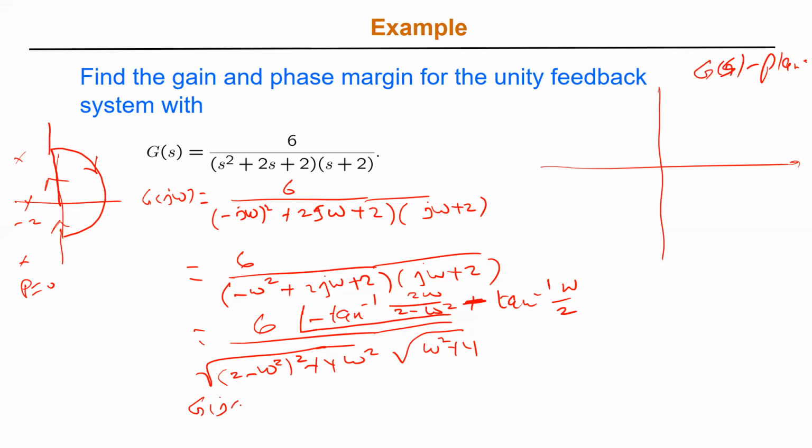We use 0 plus if I have a pole on the J omega axis. I don't have any pole on the J omega axis, I will use 0. I don't have any singularity on the J omega axis, so I don't have any problem.